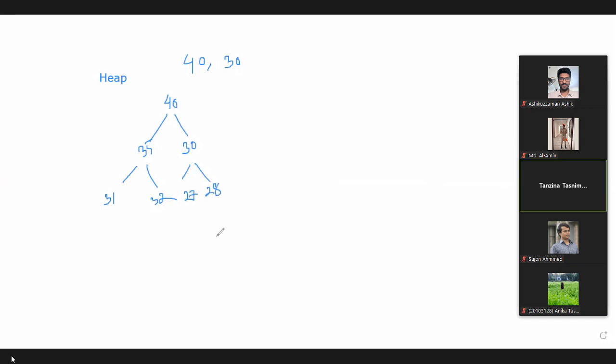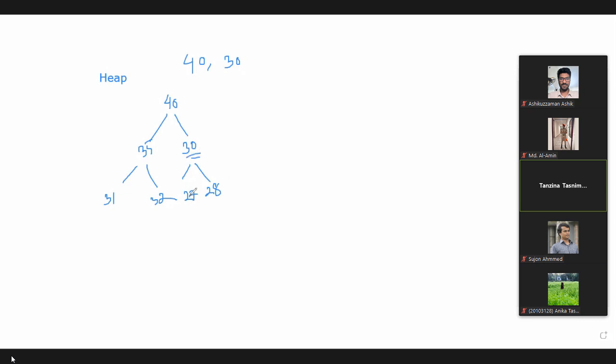Now look at the tree. 40 is the parent of 35 and 30, and 40 is greater than its child nodes, right? And 35 is the parent node of 31 and 32, and its value is greater than its child nodes. What about this one? 30 is a parent node of 27 and 28, and its child values are less than 30.